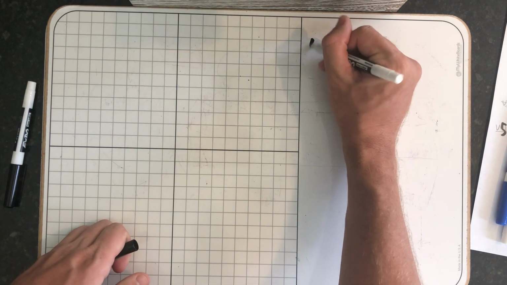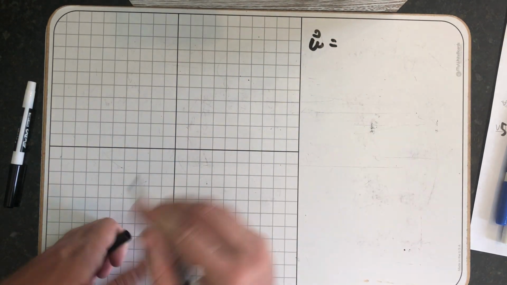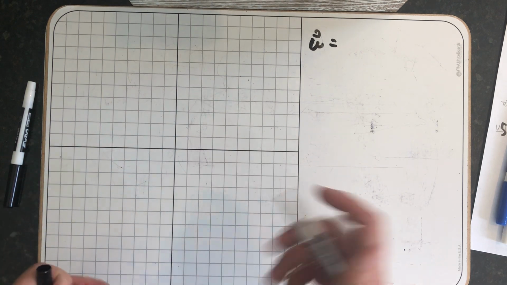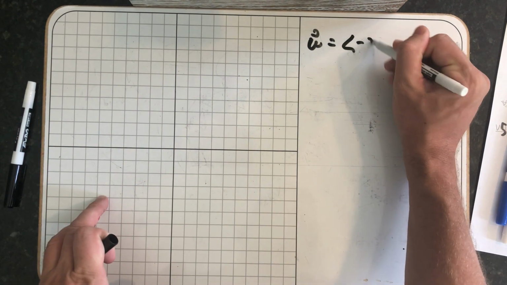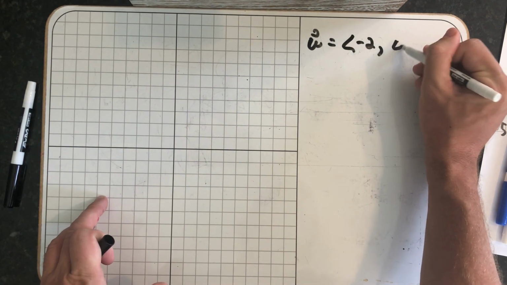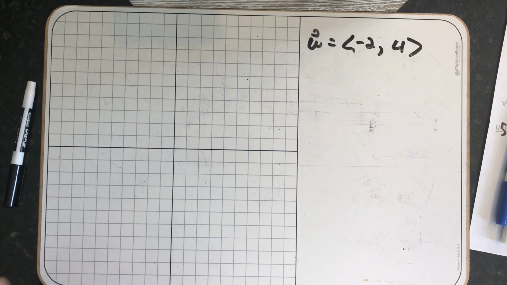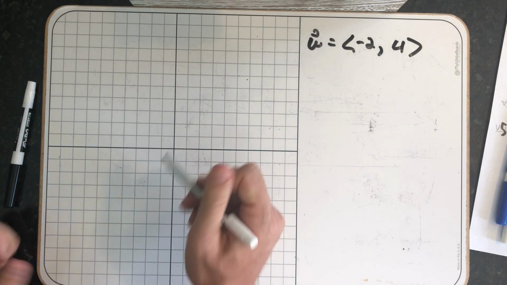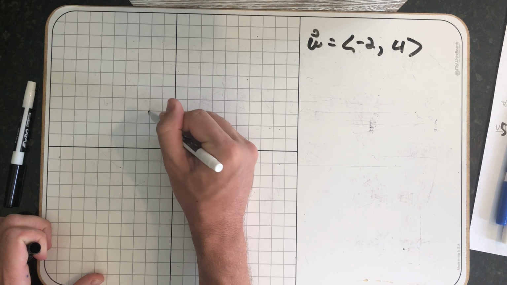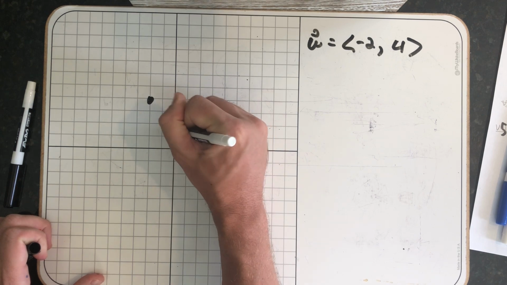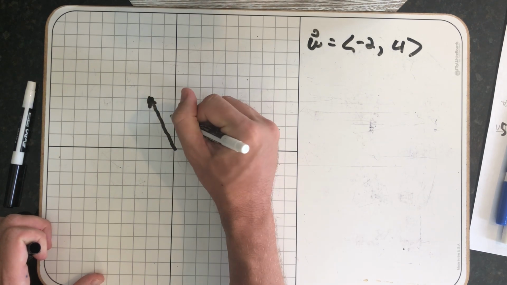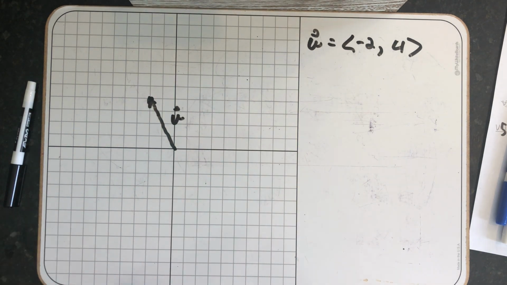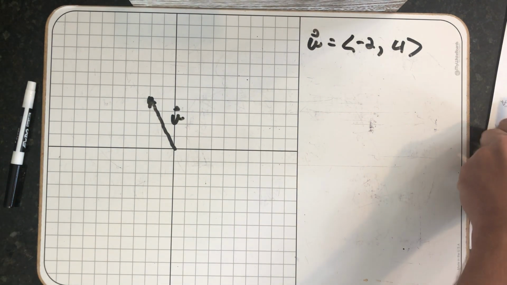So let's do something different this time. Let's deal with another plane vector, and let it be minus 2 comma 4. We just saw minus 2 comma 4, so we'll let our vector example here be that one. And there's the vector I'm calling u in this example, though it was u minus v a moment ago.